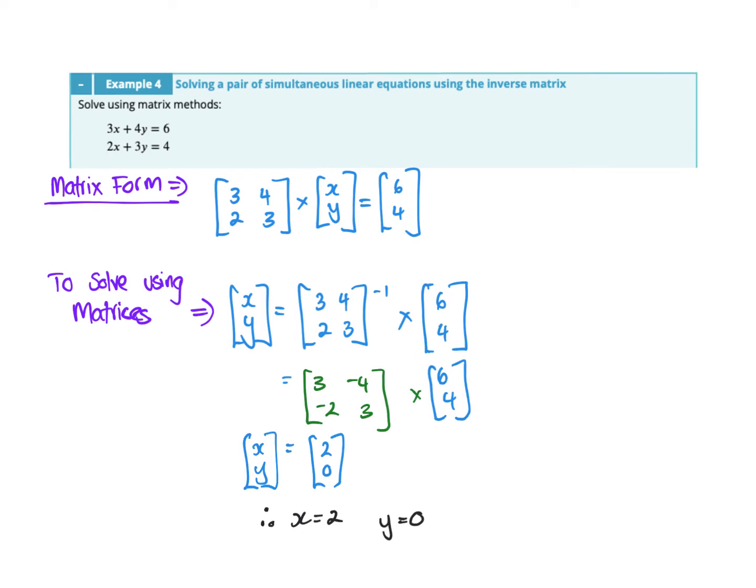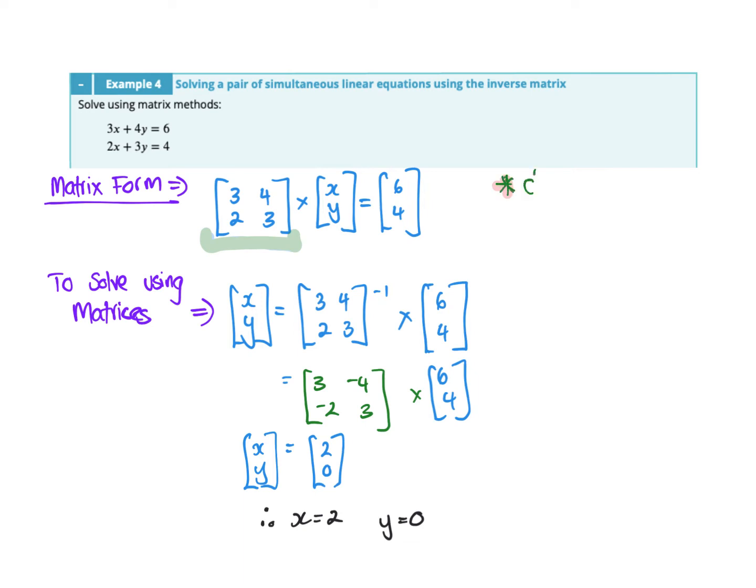Okay, so you can see, because it was this matrix here, this was the matrix that we used, we found the inverse. So remember, the inverse uses the determinant. And you need to remember when the determinant equals 0.